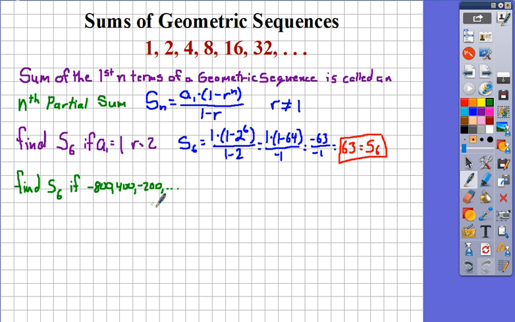So let's go ahead and write all this in. We know that the first term is negative 800. We know that the common ratio this time is negative 1/2. It's a fraction. That's okay. And we know from right here, S sub 6, we're looking for the 6th term, so n is 6.